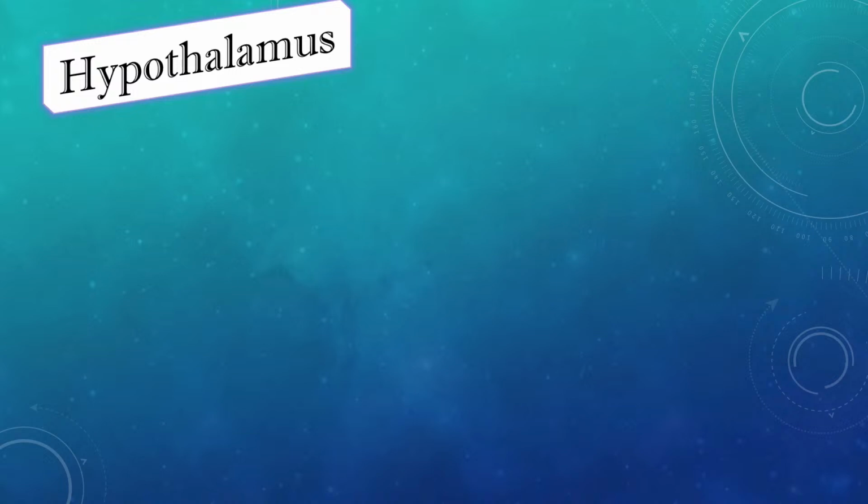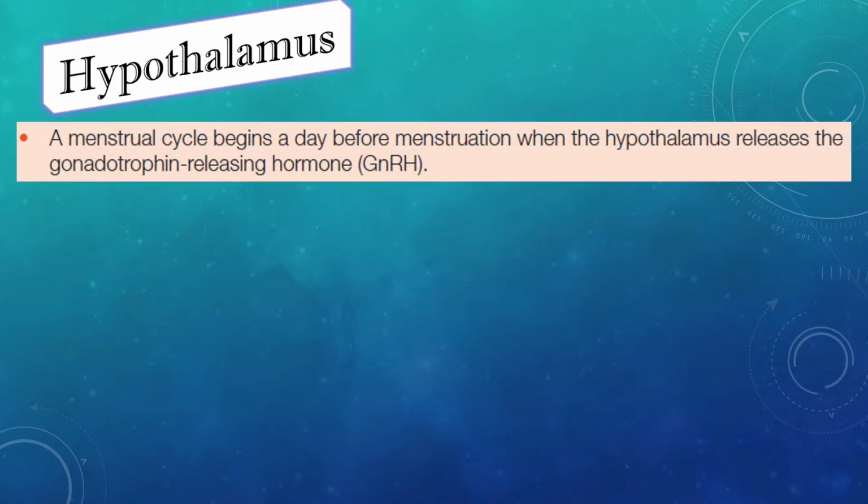Now that we have looked into all the glands and the hormones, let's look into the function of the hormones secreted by each gland. We'll start with hypothalamus.